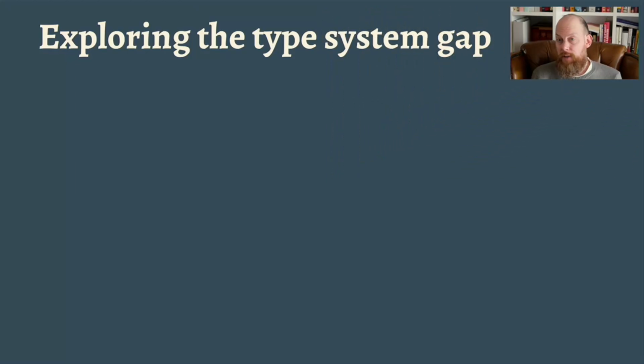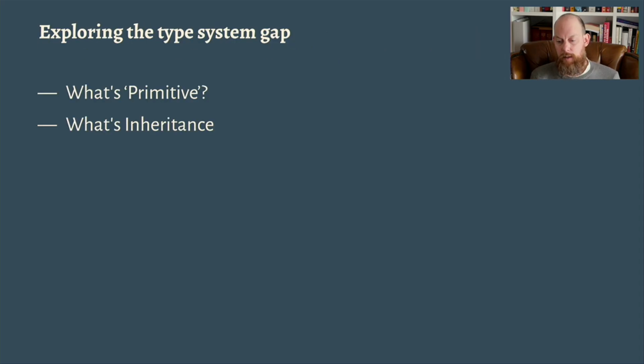Let's start by looking at the issue from a higher level. What do I mean when I talk about type systems, and what do I mean by this gap between them? Just for the sake of simplification and speed, we can consider a type system to just be the way that various core objects of a programming language are structured and interact with each other. We can talk about concepts like inheritance, and the idea of primitive values.